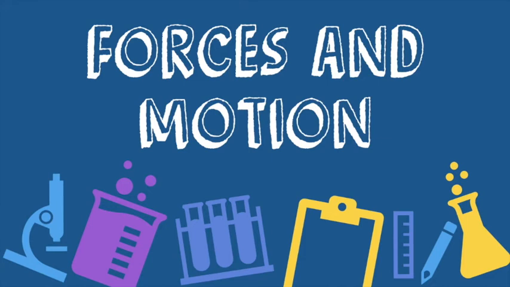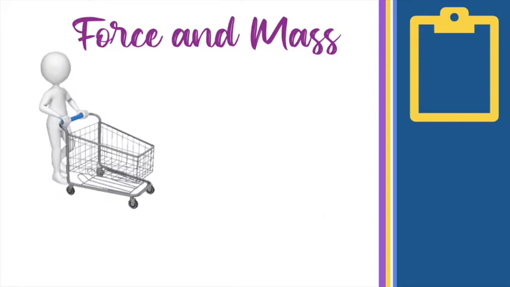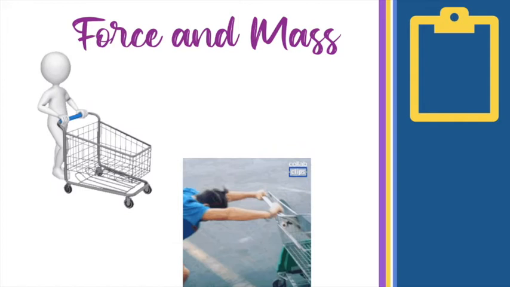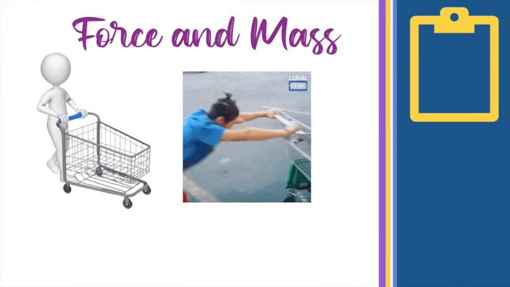Now we are going to see how forces and motion work together. We first must understand that force and mass are related. When we try to carry or push or apply any force to an object which has less mass, it's going to be easy for us.